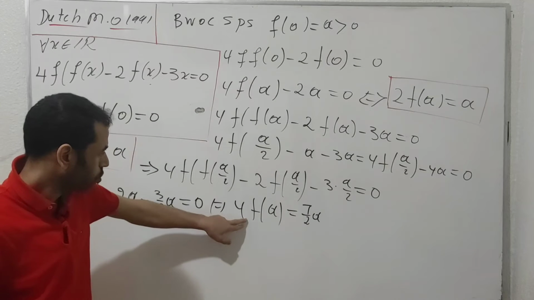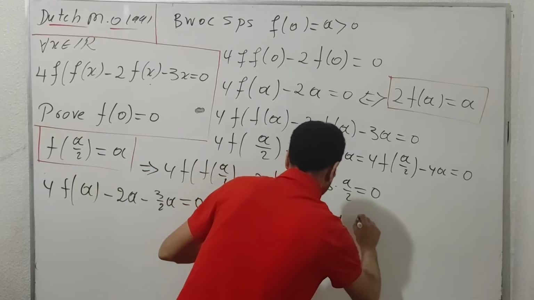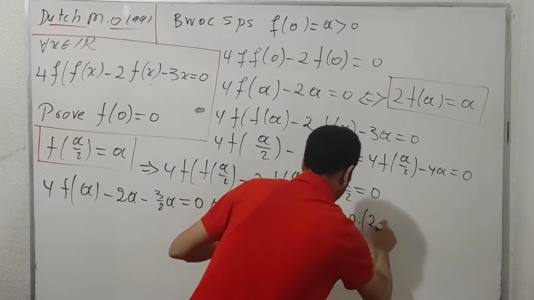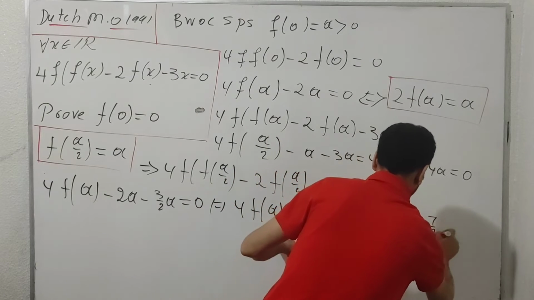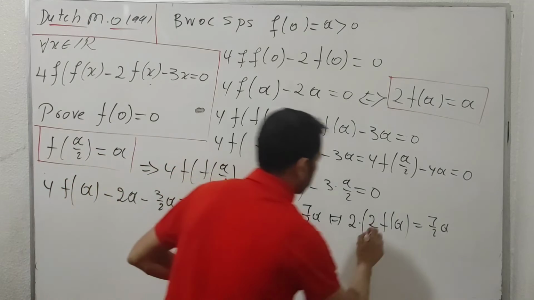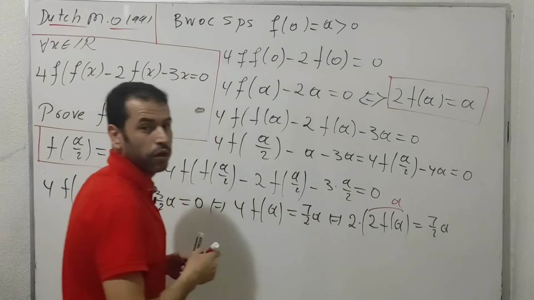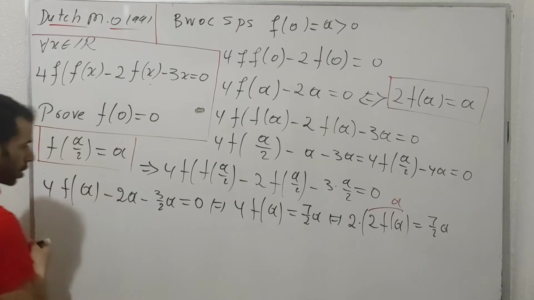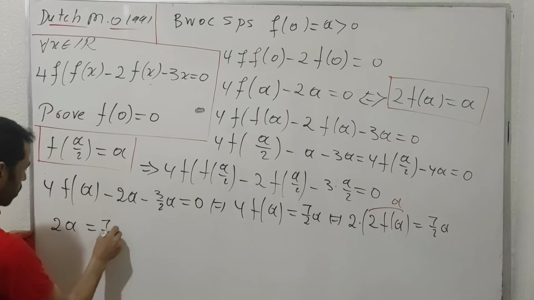Then I'm going to replace this one, which is giving us 2 multiplied by 2 f of a equals 7 over 2a. Okay, and also I'm going to replace 2 f of a with a. I get 2 times a equals 7 over 2a.